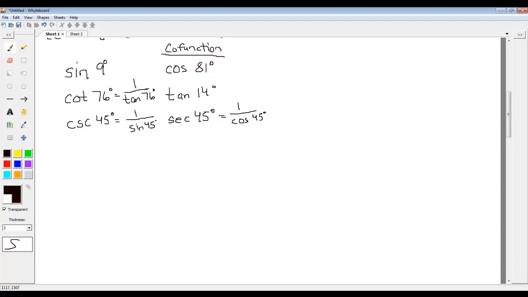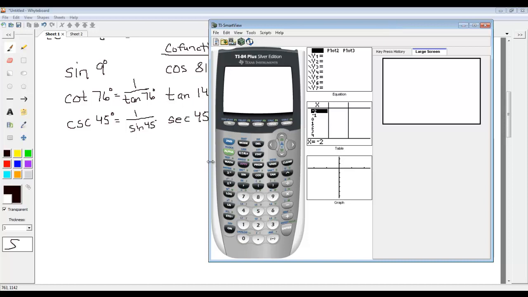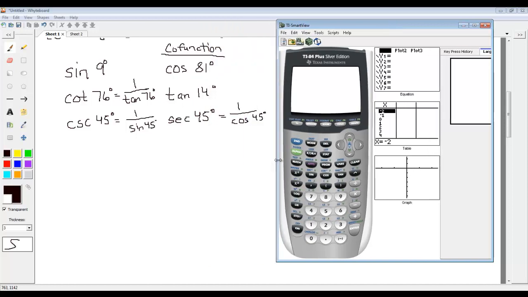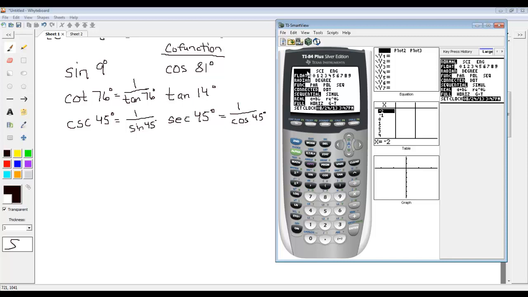But let's pull up the calculator here. I got mine on the computer here that I can use. Let's first of all check your mode. On your graphing calculator, there's a little mode button right here. Press that, and if you look down, we're dealing with degrees, like sine of 9 degrees.